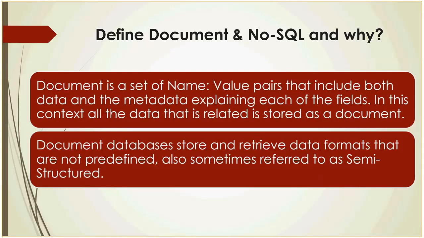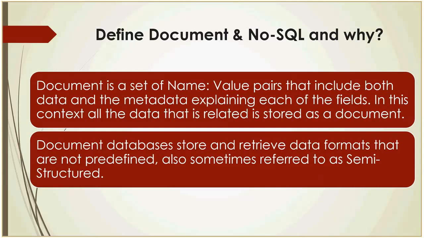Okay, so then we'll see what document databases do. They essentially store and retrieve data that is not predefined, which doesn't have predefined formats. So the same student record that we are going to store may have a first name, last name, date of birth, and some other student record may have first name, last name, and GPA, the fees that he has paid, and so forth.